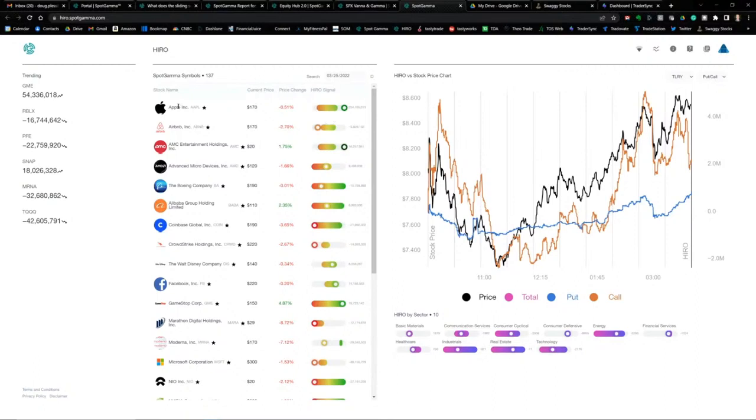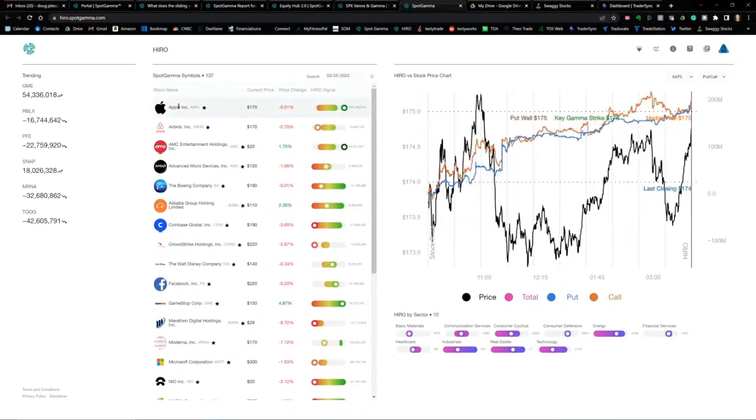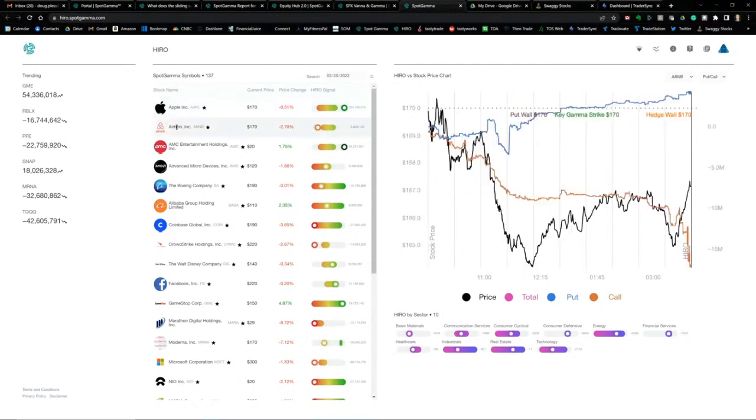So here it's showing there's a strong signal for Apple, and you can see that both the call and put traders were selling puts and buying calls all day. And then just kind of the opposite in Airbnb here. And it looks like, as expected for a stock like Airbnb, that calls would be driving.